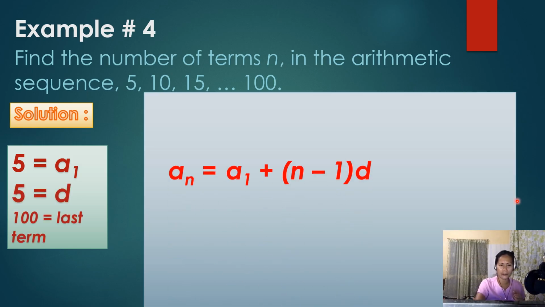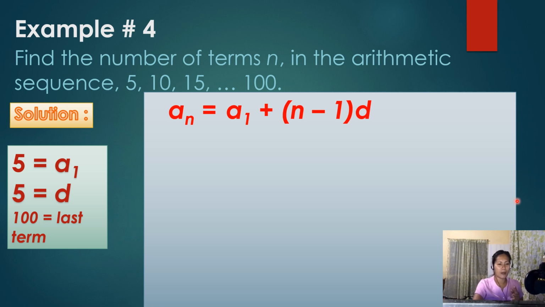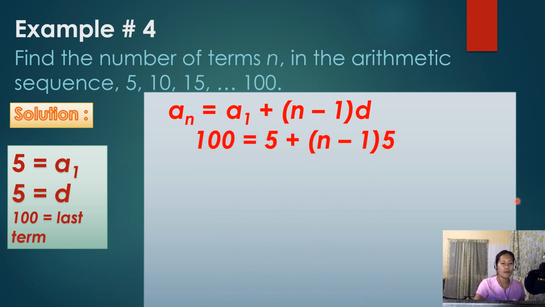Okay, by using the formula, A sub n equals A sub 1 plus the quantity of n minus 1 times d. Then we substitute A sub n, that is 100, equals A sub 1, 5, plus the quantity of n minus 1, since we don't know how many terms we have in the sequence.